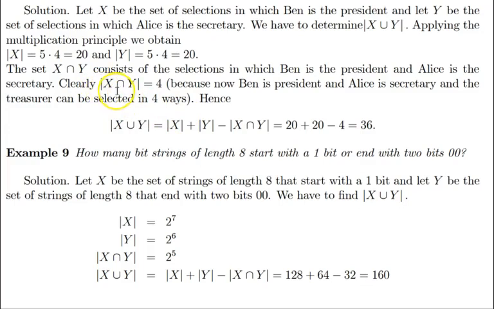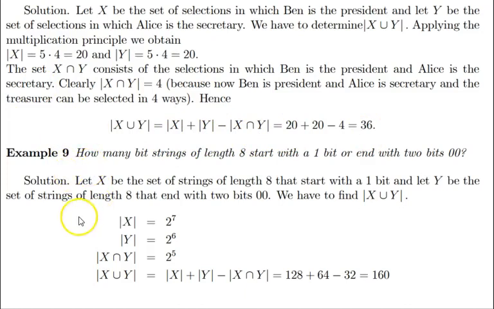Clearly, the cardinality of the intersection is 4 because to fill out a selection like that, it remains only to select the treasurer, and that can be done in 4 different ways. Hence, applying the previous formula, we have 20 plus 20 minus 4, 36 selections.